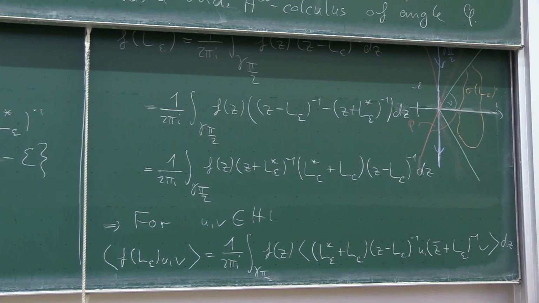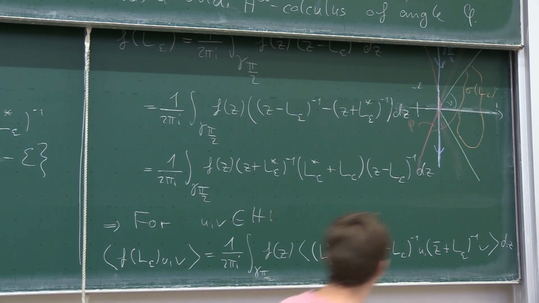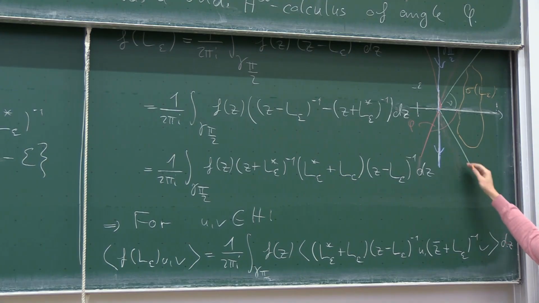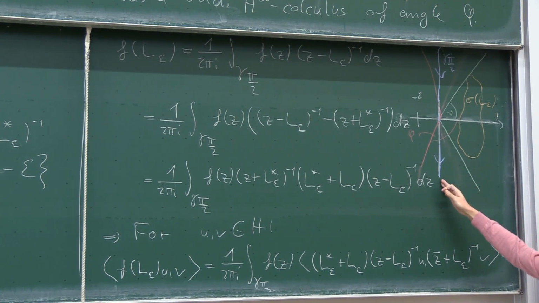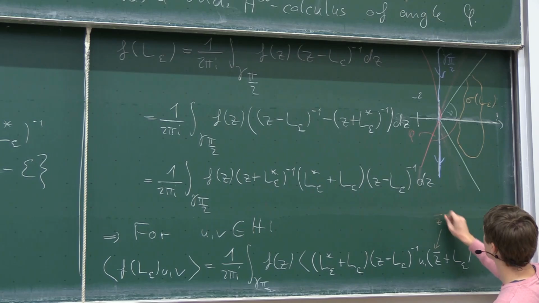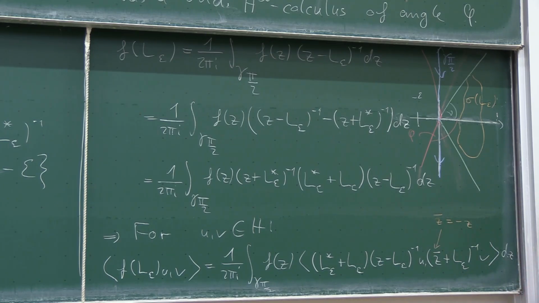Okay, so this is one important formula here, and now we use another important fact that comes from the fact that we can integrate here, because the L_ε are sectorial of angles strictly less than π/2. We could integrate over this path, and this path has the unique property that the complex conjugate of z is just the same as minus z, because we are on the imaginary axis.